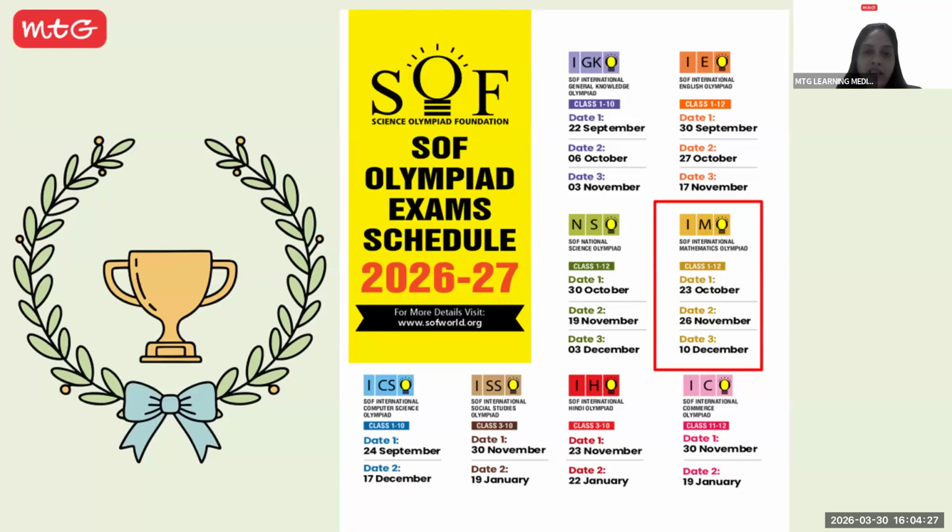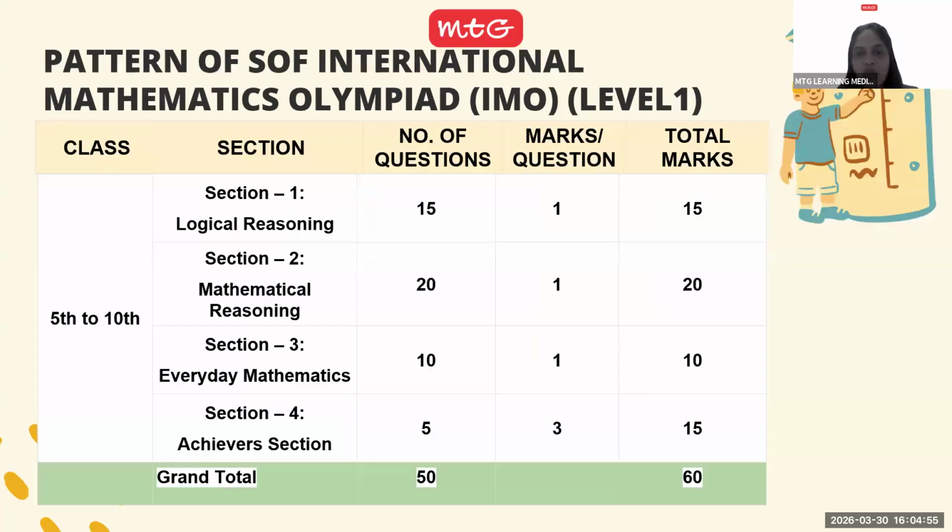If you want to know the exam dates for whichever subjects you're opting for, please visit the website and make a note of these dates. You'll have an idea of when your exam is, so accordingly you can plan and prepare for the exam. These are the details for the 26 to 27 schedule, and this is available on the website too.